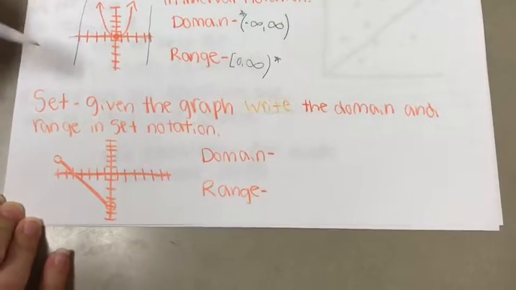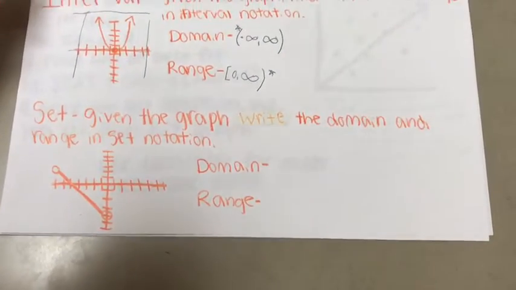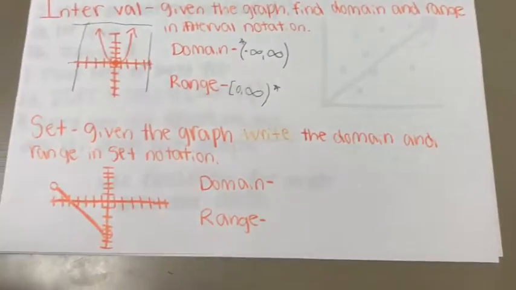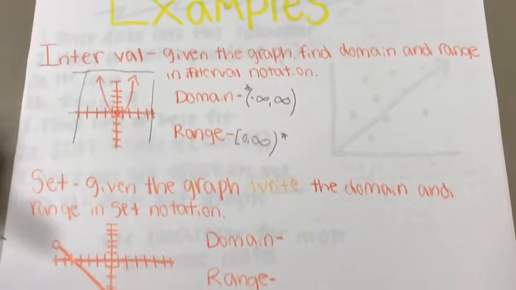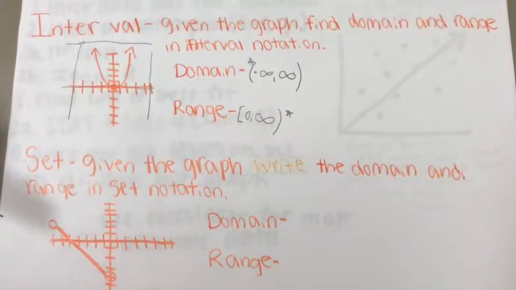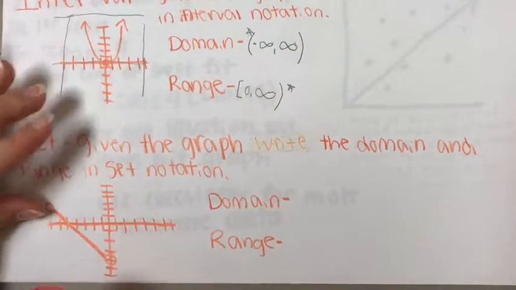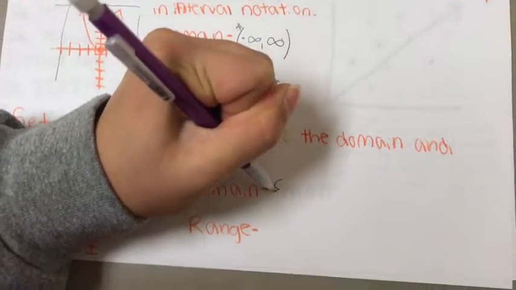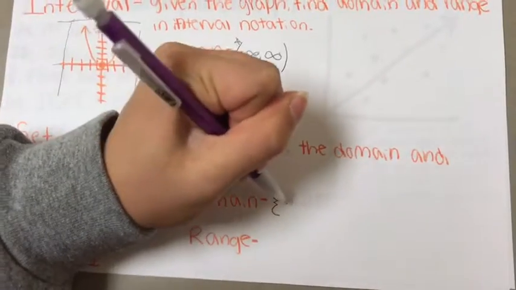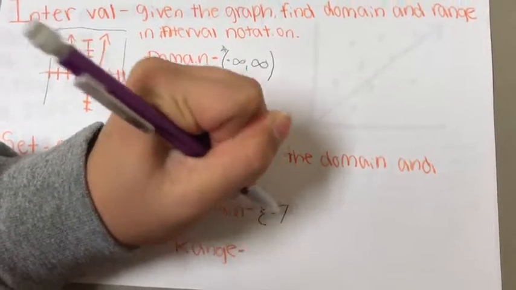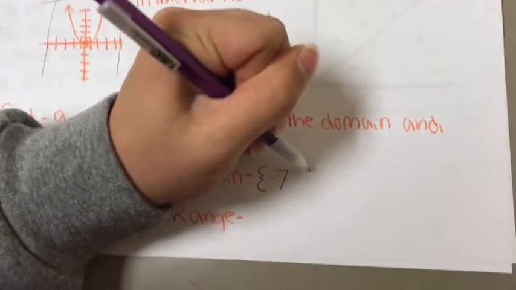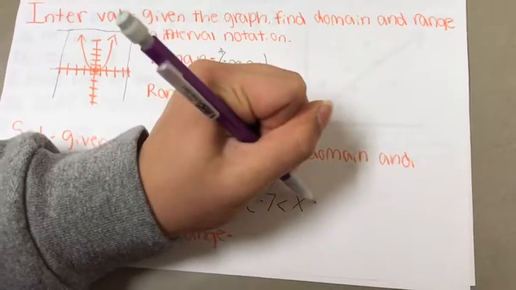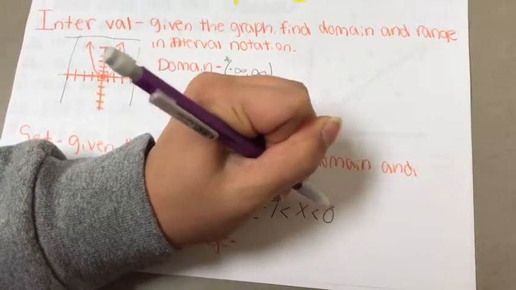Now, set notation. Given the graph, write the domain and range in set notation. So, in order to find this, our domain, in set notation, is going to be brace -7 is less than x, which is less than 0.